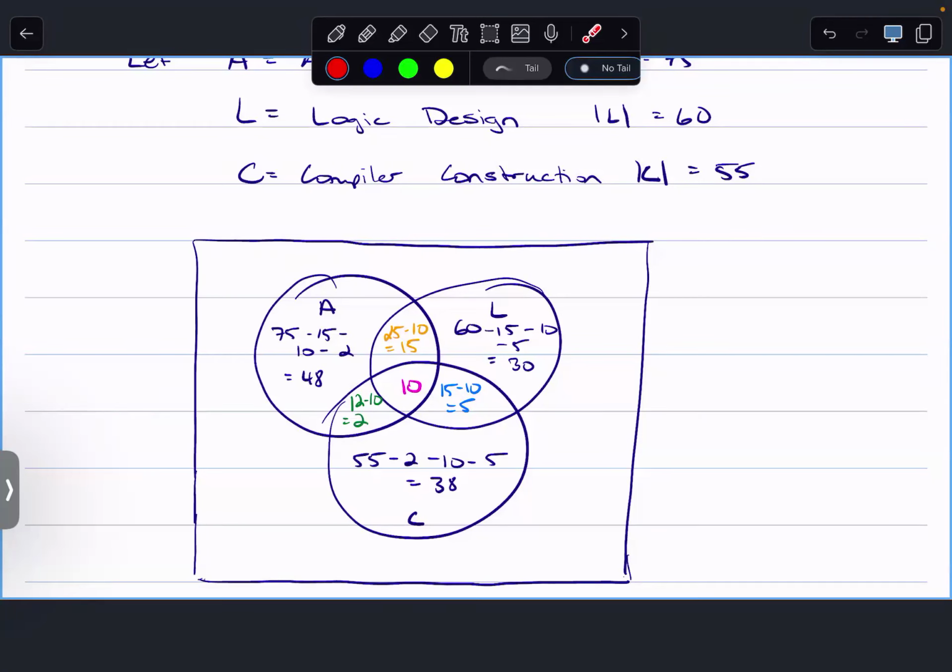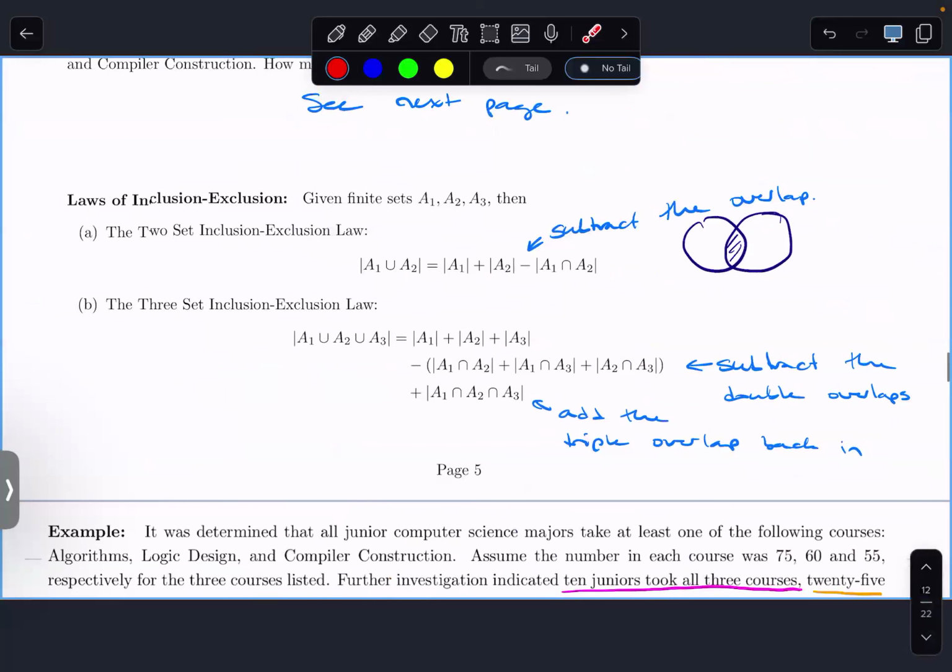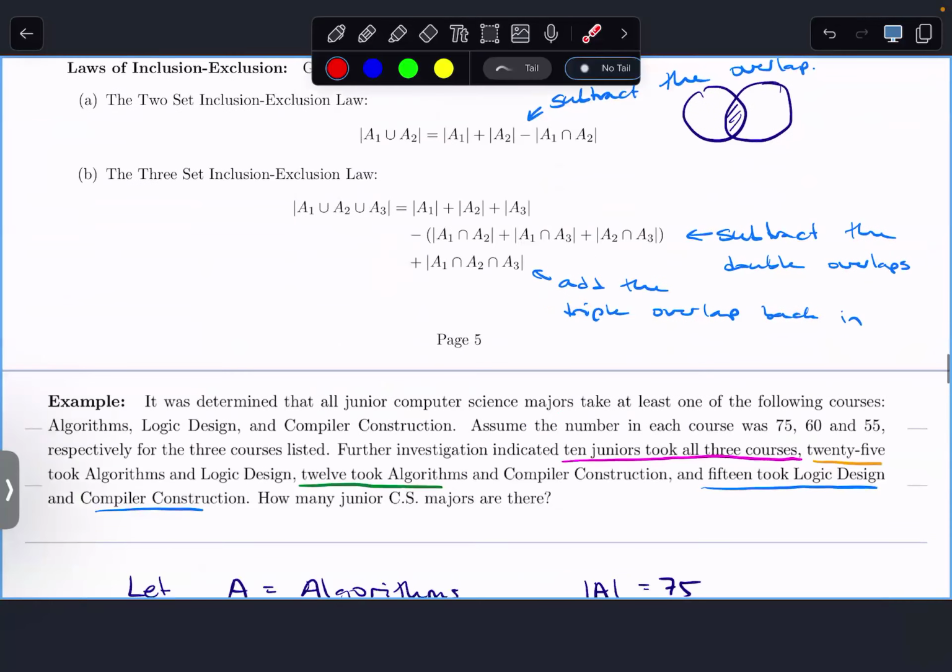We do that intuitively. We don't need this set law to tell us to do that if we just draw the Venn diagram. So that's why I would say all our questions we're going to be able to solve with a Venn diagram. So I would encourage you to use that.